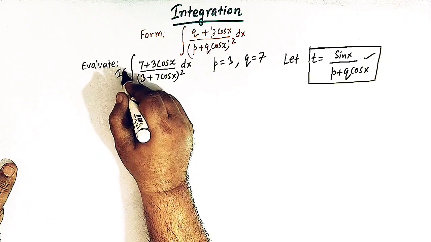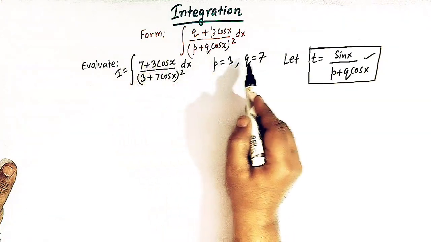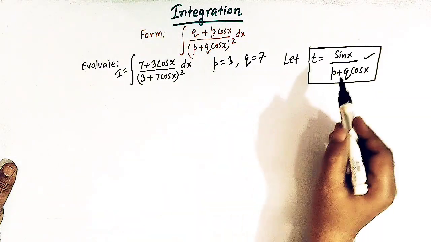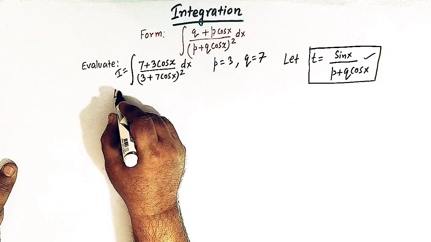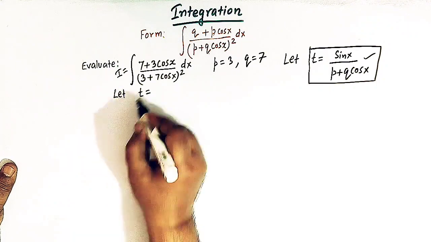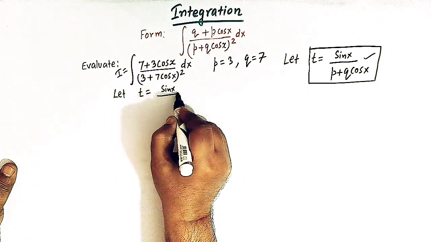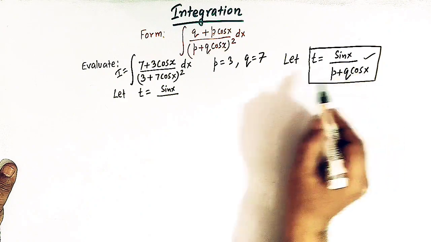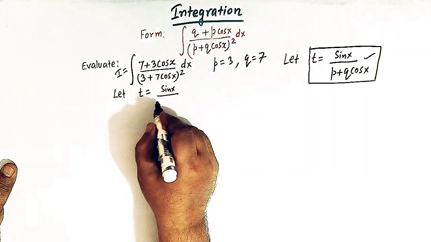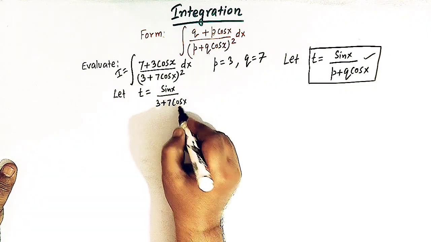Here let us call this integral I, and here p is equal to 3 and q is equal to 7. So our substitution takes the form t equal to sin x, and in the denominator p plus q cos x, which is 3 plus 7 cos x.